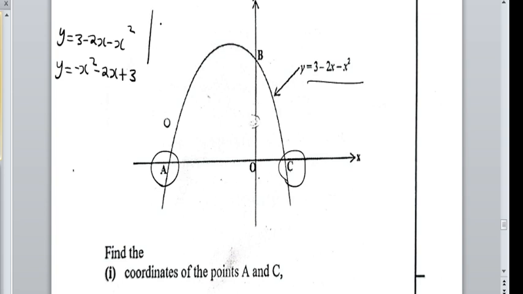Then I find what we call the product, the sum, and the factors. The product in this case is negative 1 times 3, which is negative 3. The sum, I have negative 2. So what numbers are going to multiply to negative 3 and add to negative 2? So that is positive 1 and negative 3.